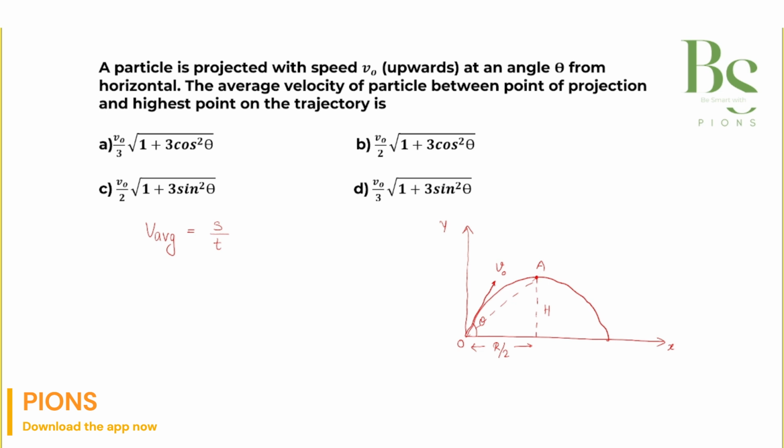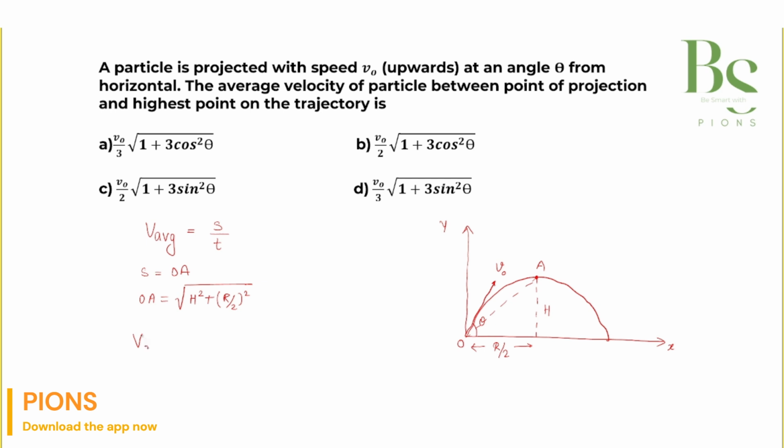So let's simplify it. S will be nothing but OA. So what will be our OA? OA will be root under h square plus R by 2 whole square, using the Pythagoras theorem.